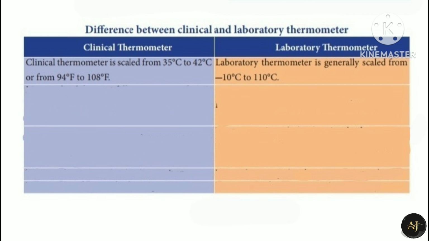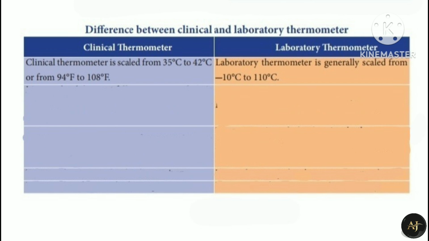Difference between clinical and laboratory thermometer. Clinical thermometer is scaled from 35 degrees Celsius to 42 degrees Celsius or from 94 degrees Fahrenheit to 108 degrees Fahrenheit.